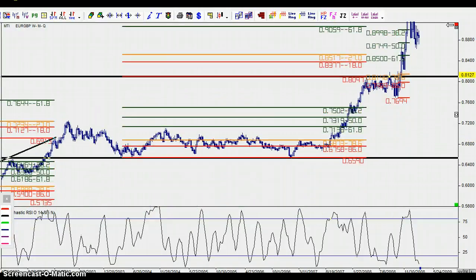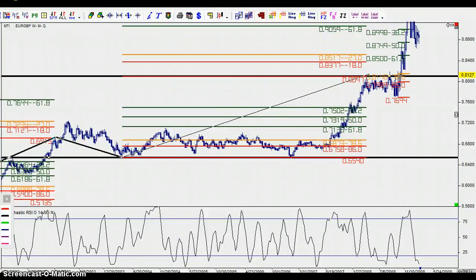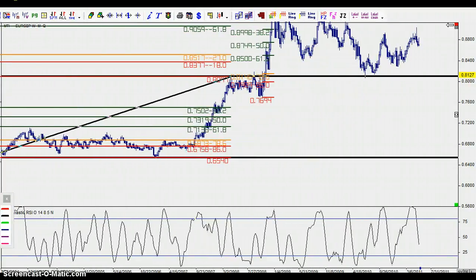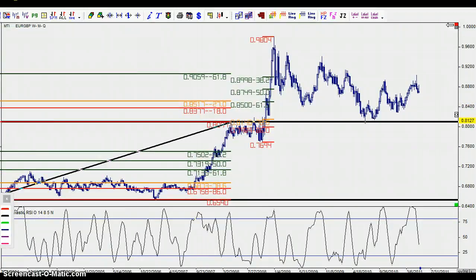All right, let's see what this works out to be, guys. I think it's a good idea just to know. It gives us direction. It lets us know what our next trading move should be. All right, let's see.